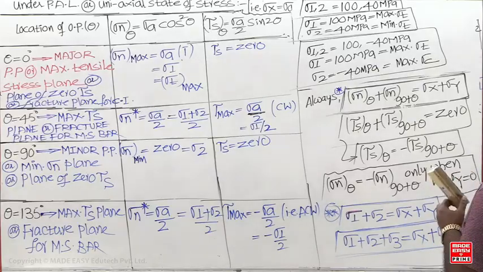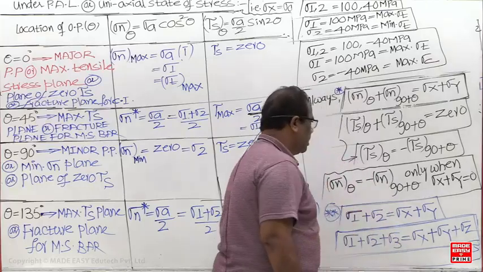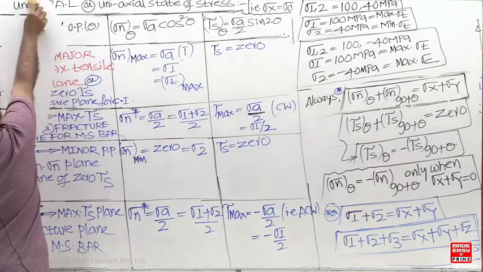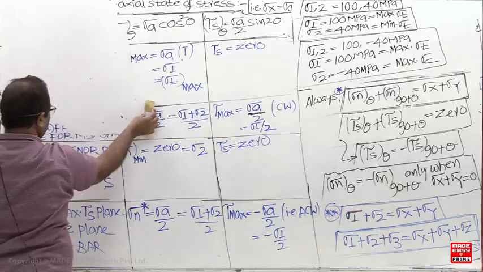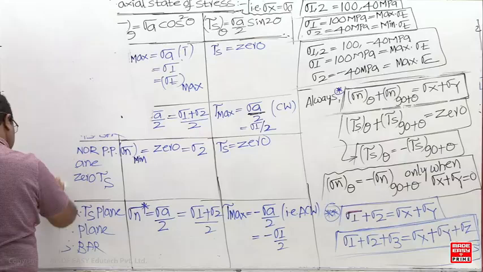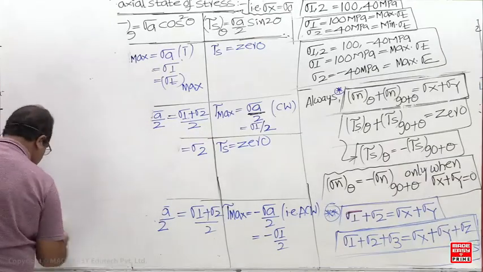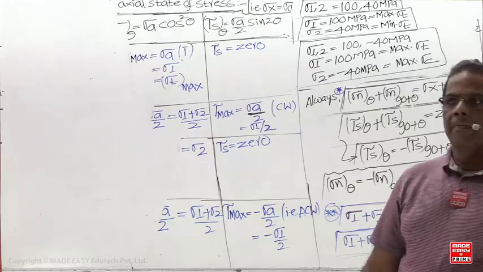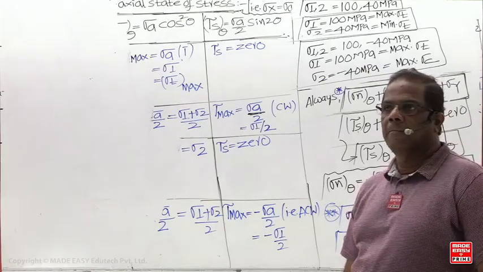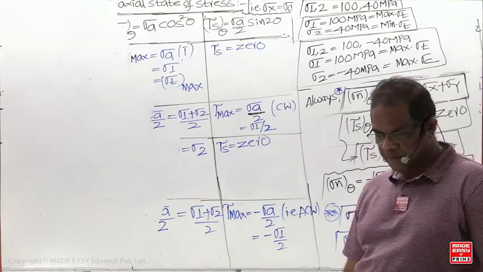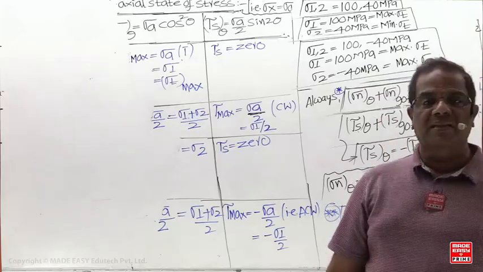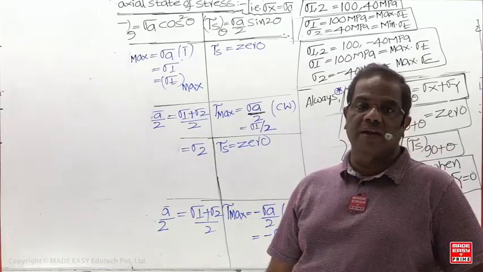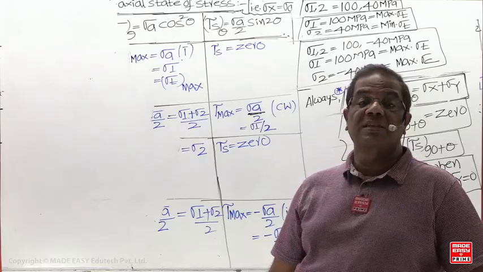Next, write down now. Principal stresses are the complementary normal stresses on planes of zero shear stress.